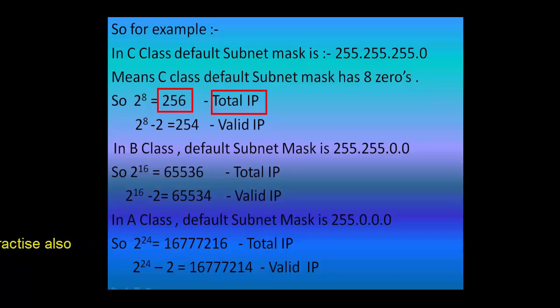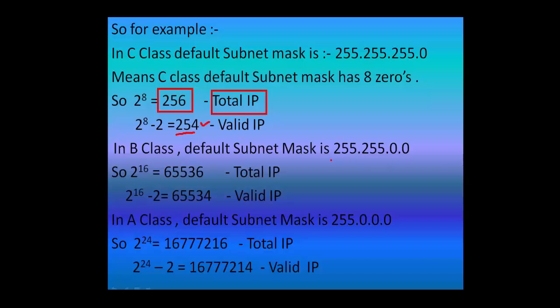So those 2 IPs cannot be used here. One is the network identification, one is for the broadcasting. So we do -2 here. It becomes 254 valid IPs. So in C class, maximum we can connect 254 devices.